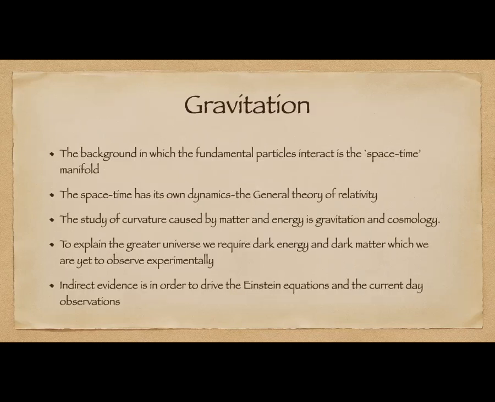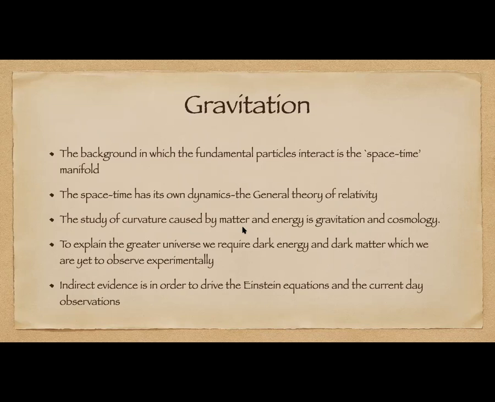But these visible matter and interactions live on a background. And this background is what we call the space-time manifold. So you've probably heard the word manifold a number of times. You've studied general relativity. And this manifold has its own dynamics, which is the general theory of relativity.